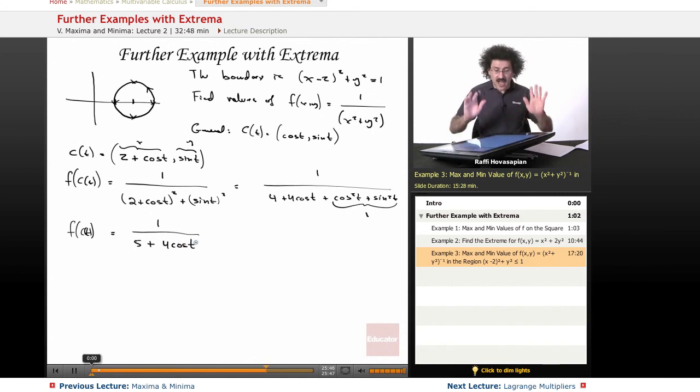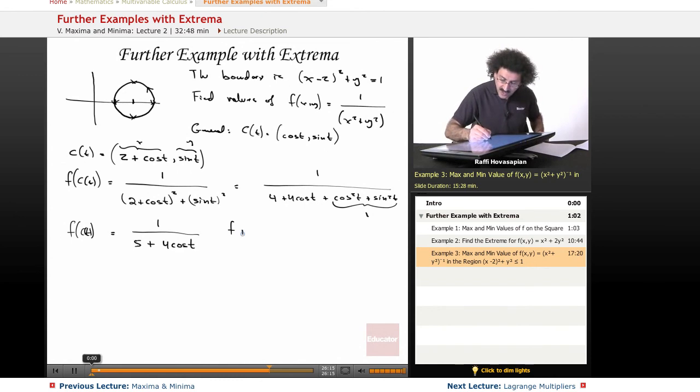There we go. I found a way of expressing my function as a single variable, a function of t. This is my function. This is f of xy. Now, all I need to do is find the values of t that make this a maximum and the values of t that make this a minimum. All right. Well, this is actually really, really simple here. Notice this cosine of t. All right. So let's just, well, actually, let's just stop here.